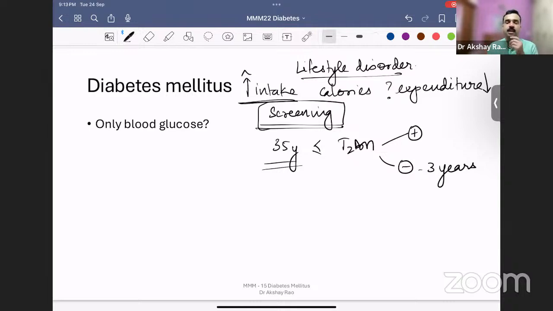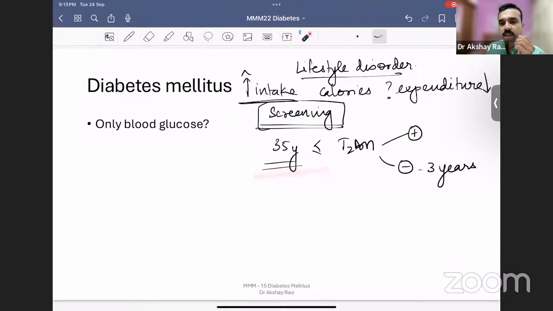This is unlike any other endocrine disorder. Except maybe hypothyroidism, where screening is also recommended, but that is generally after the age of 60. But for diabetes, it's 35 years, even when there is no suspicion.